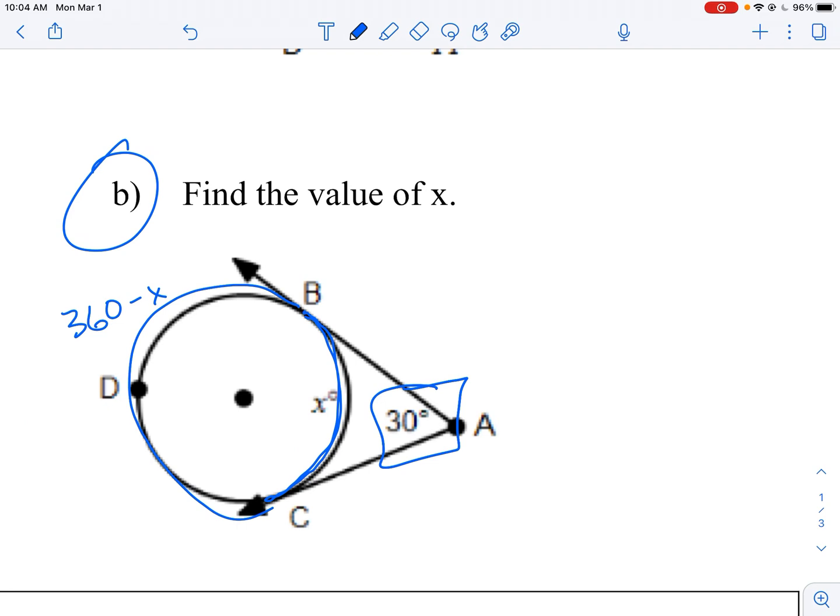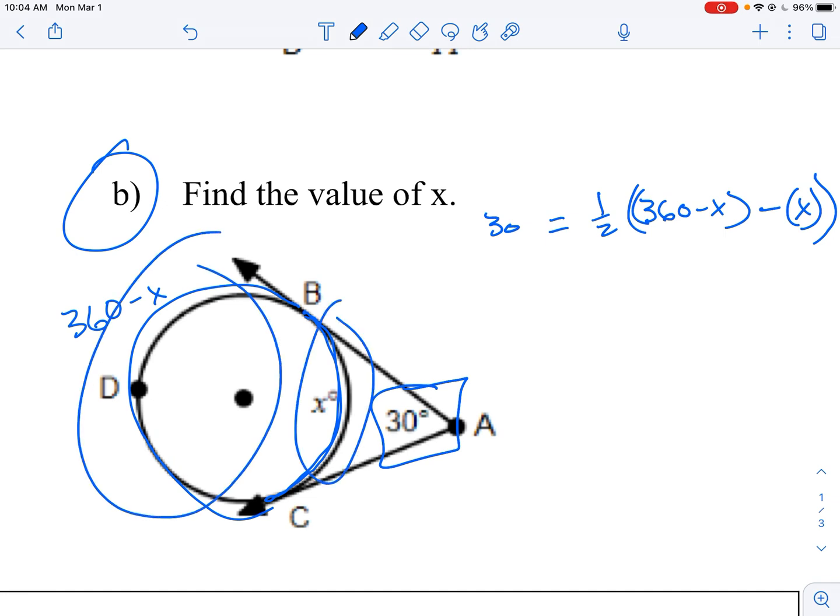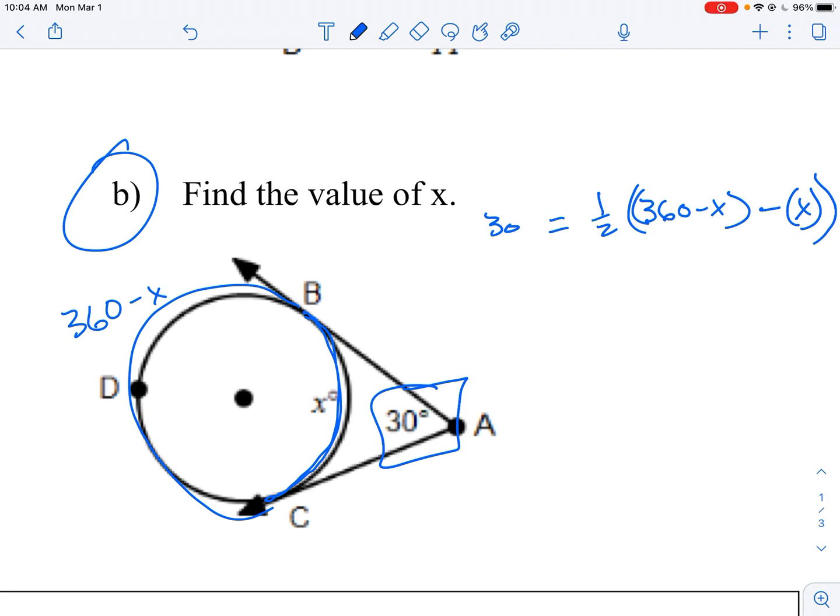So I'm going to go ahead and make the equation. 30 degrees, sorry, it's about 30 degrees equals 1/2 of 360 minus x. Put some extra parentheses here, and then minus x again. So this one minus this one, so 360 minus x, and then minus x is going to give me that.